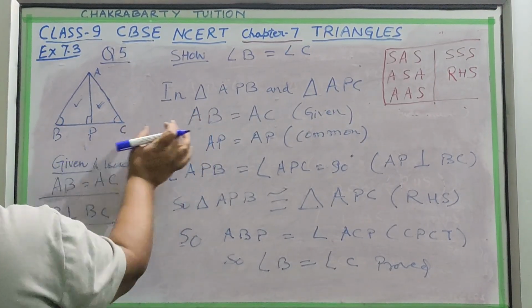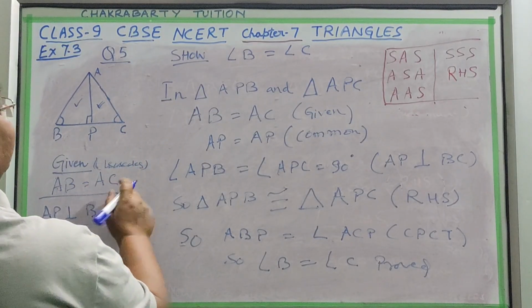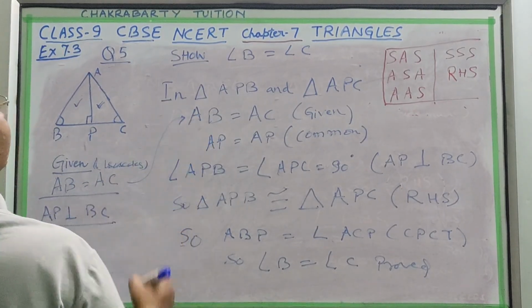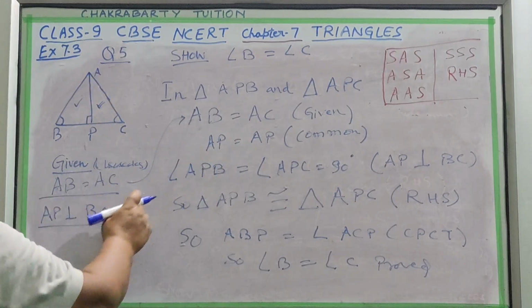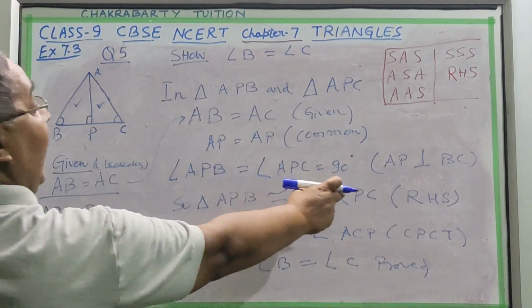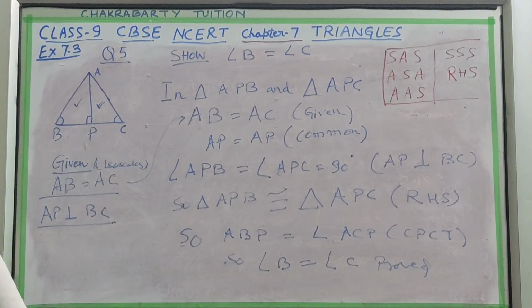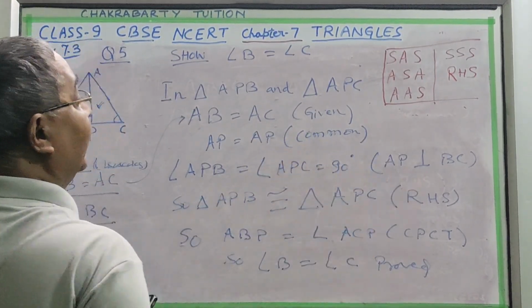In them, AB is equal to AC, since it is isosceles and given in the question. AP is the common line, and angles APB and APC are 90 degrees, because AP is perpendicular to BC, and a perpendicular makes a 90-degree angle on the base.